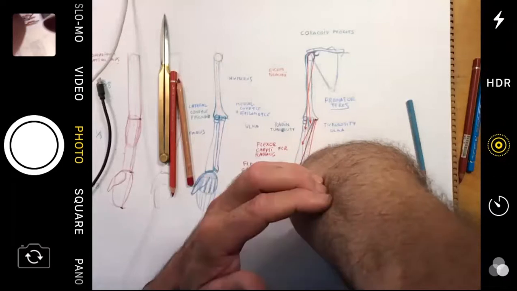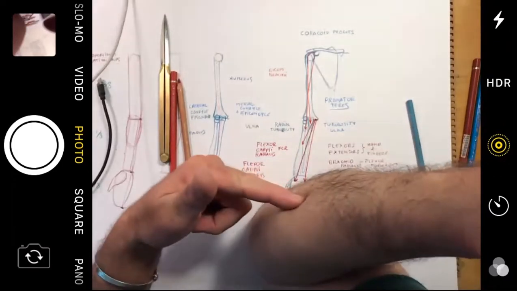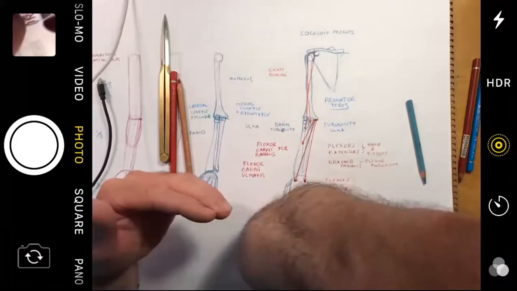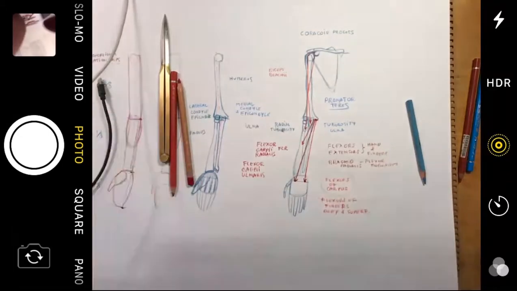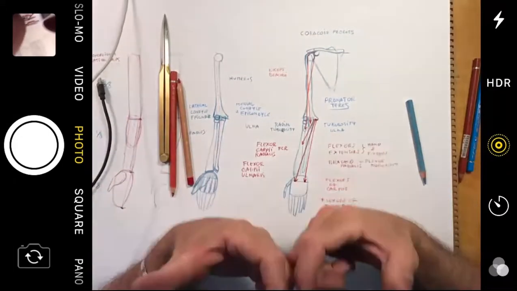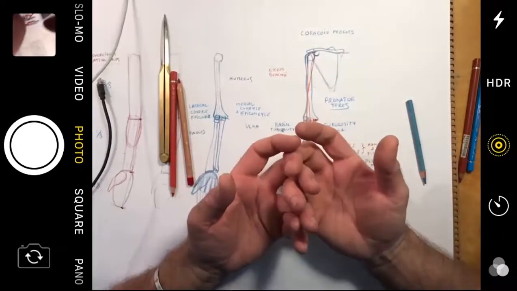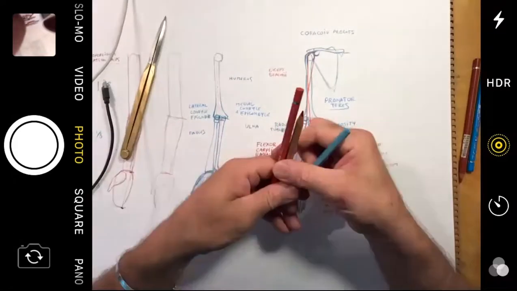Past this bone, these are all flexors. Because this muscle is on the side, just below the ulna, it's a flexor, so I know that is the flexor carpi ulnaris. Makes sense?